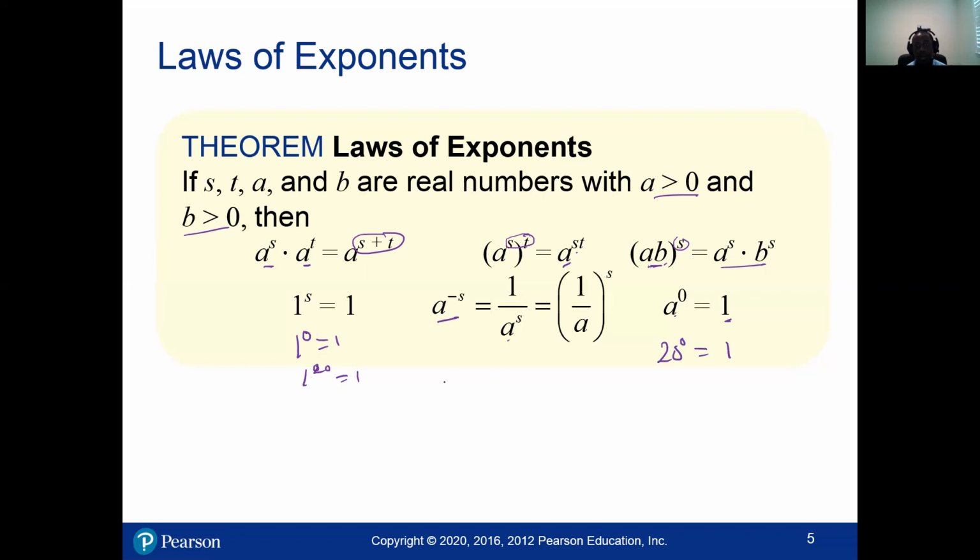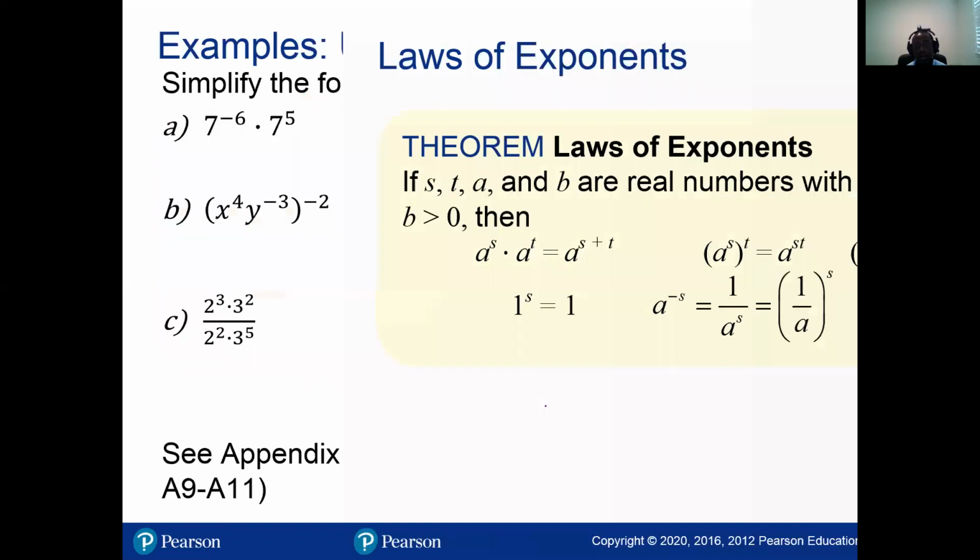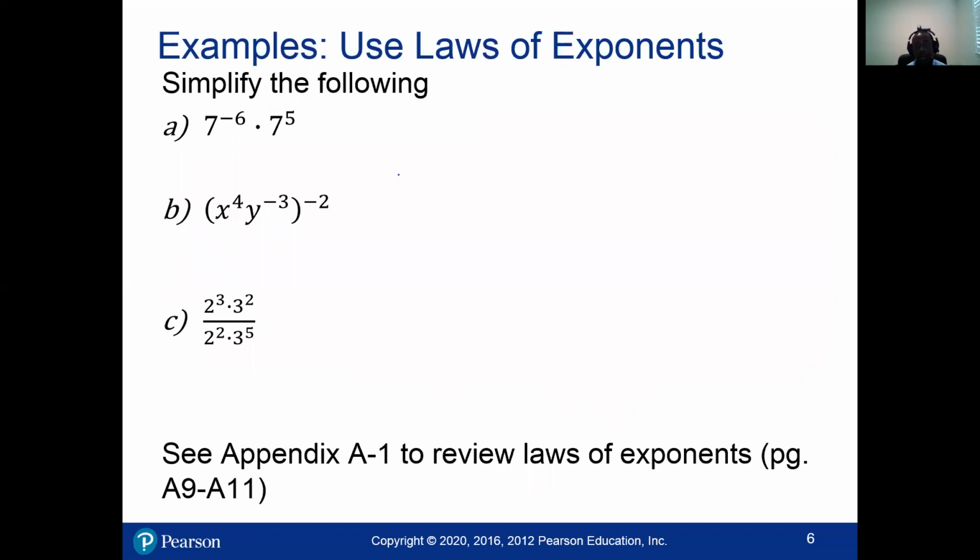So if I have 3 raised to minus 3, this becomes 1 over 3 raised to the third, or 1 over 3 all raised to the third. Basically, this is 1 over 27.